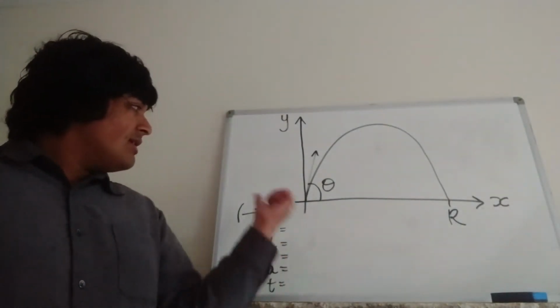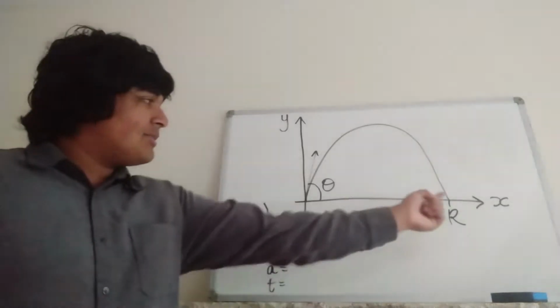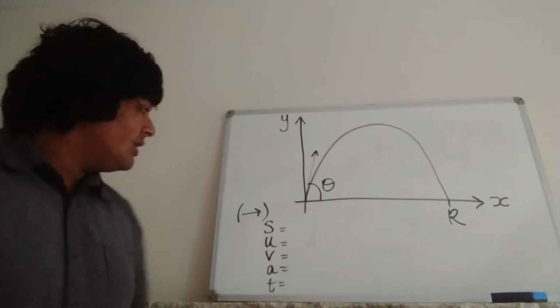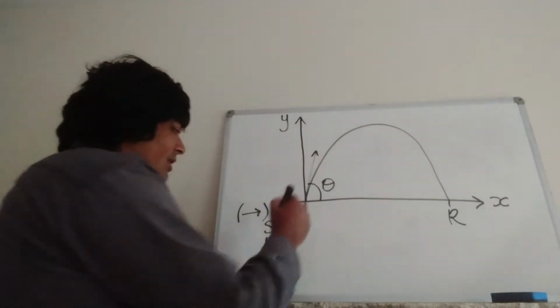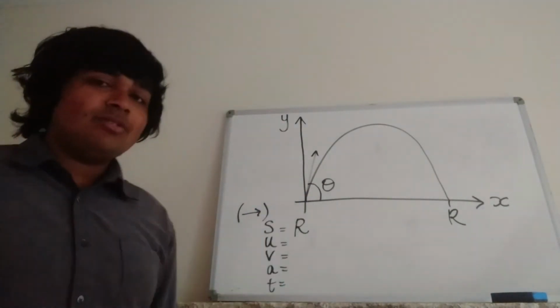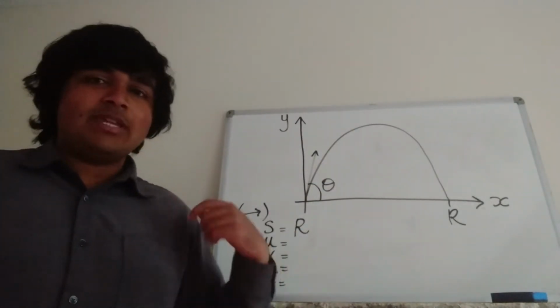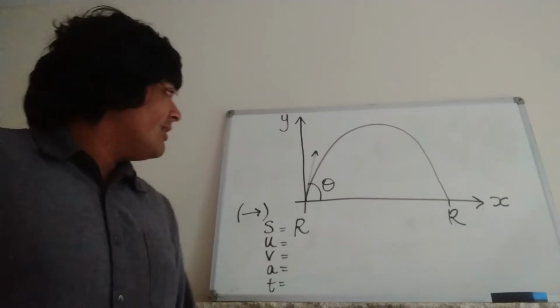Okay, so what is its horizontal displacement, S, when it's here? Well, it's clearly just R, because it goes R across, like so. So its horizontal displacement is r. Its initial velocity, well, we haven't actually given it an initial speed yet, so let's suppose we give it initial speed capital A. It doesn't really matter what it is.